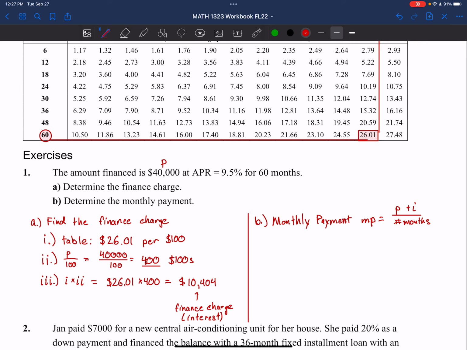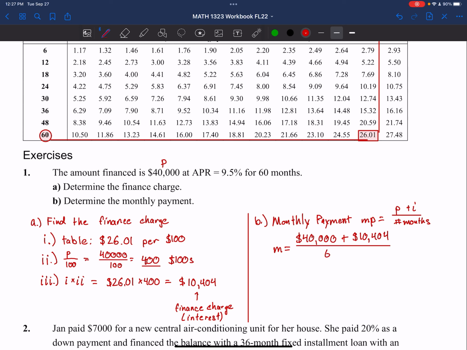So MP is going to be the principal. So again, you borrowed it, so you still have to pay it back. So that's why you have to include that. Plus the interest, and that is going to be what we got in part A. So that's going to be 10,404. And then we're going to divide that by 60 months.